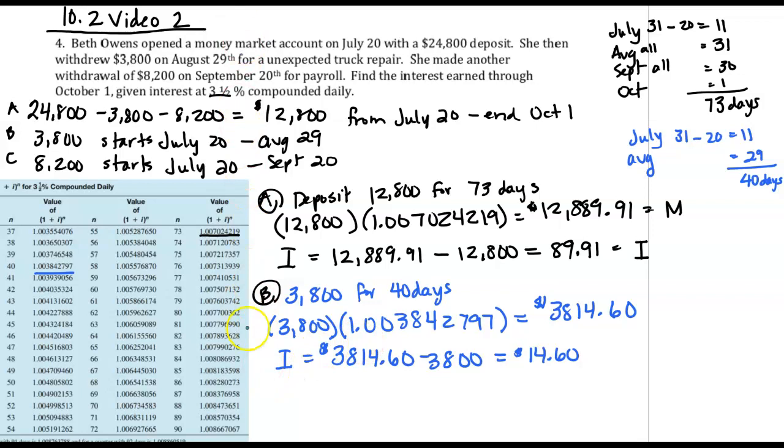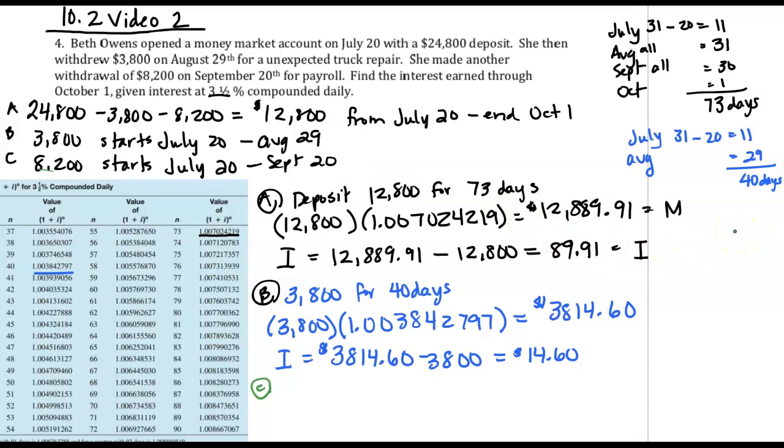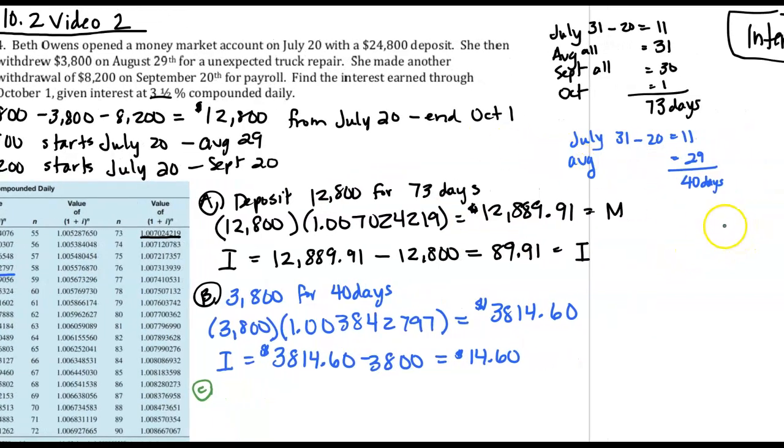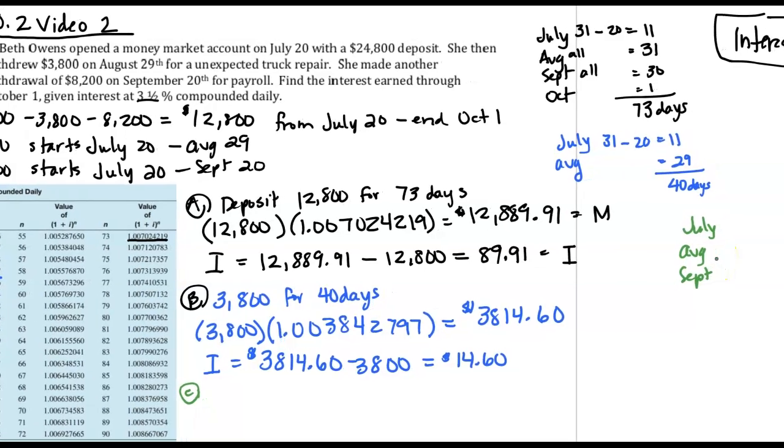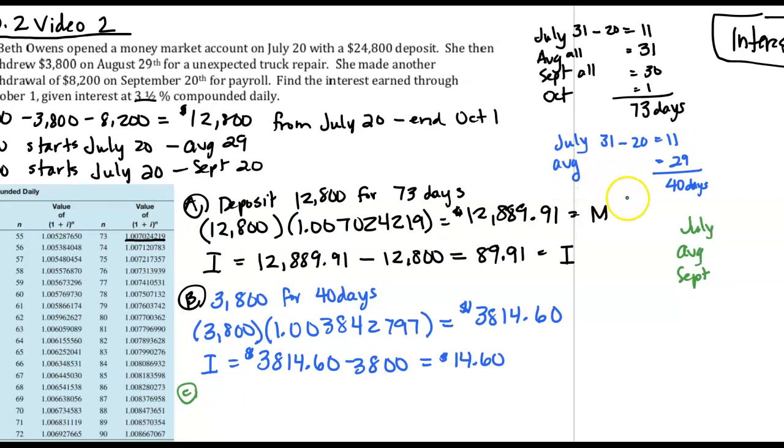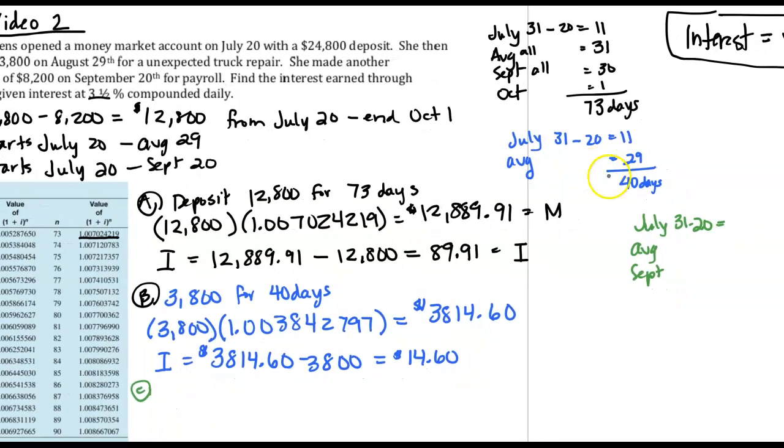The third portion is going to be the $8,200 from July 20th to September 20th. Okay. Running out of space, let me go over here. So July, August, and September. In July, we're starting with July 20th, so there are 31 days in July minus the 20 used, and there are 11 days left.